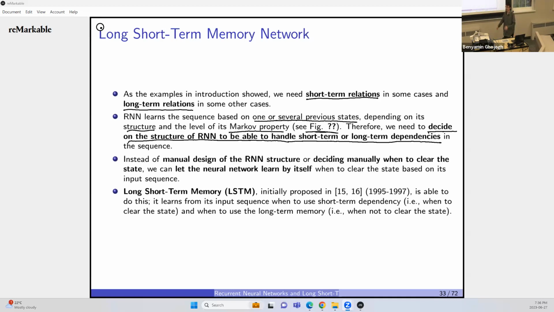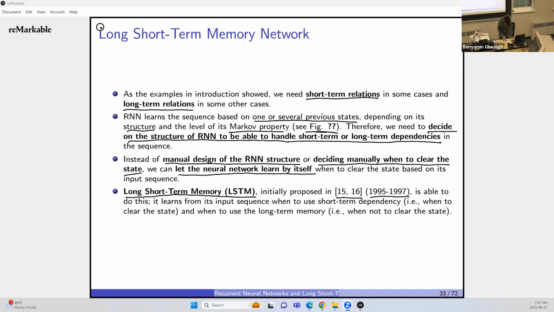And that's the idea of LSTM, okay? So instead of manual design of the RNN structure or deciding manually when to clear the state, we can let the neural network learn by itself. And that's long short-term memory, or LSTM, initially proposed in these references in 1995 to 1997.